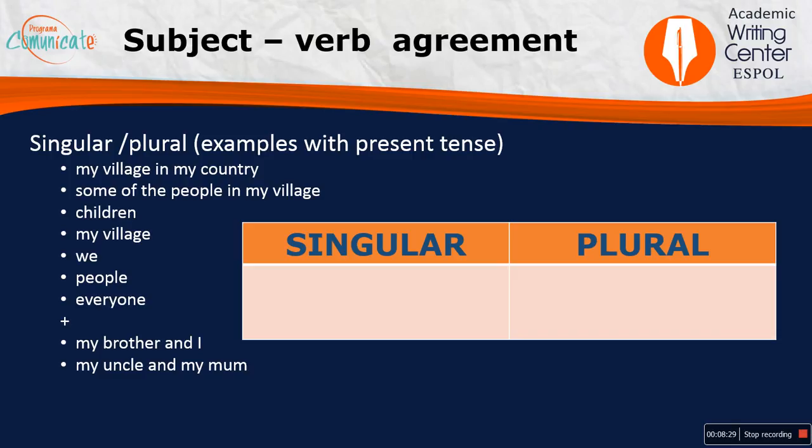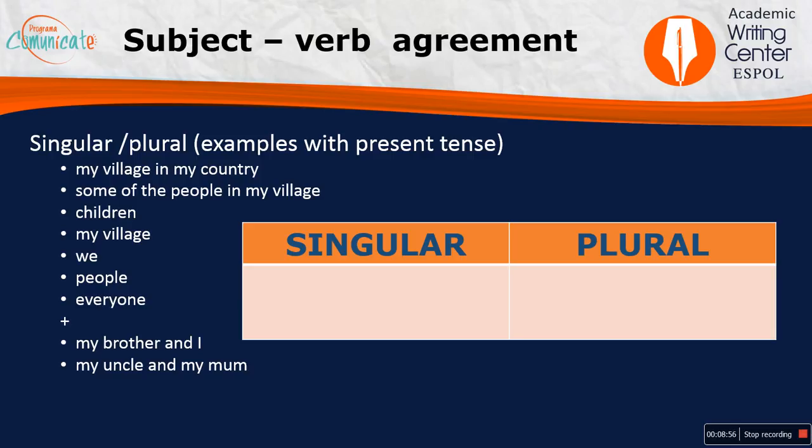And we also need to recognize when we've got these different subjects that could have more than one word, whether they're singular or plural. That's fundamental. So pause again and look at these examples. Can you place them in the correct column in the table?